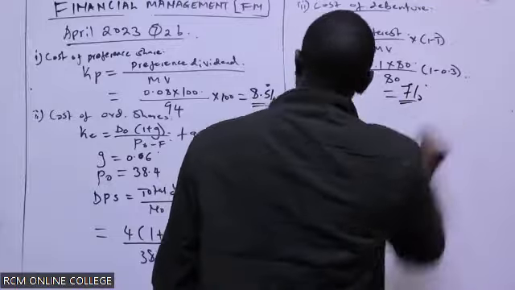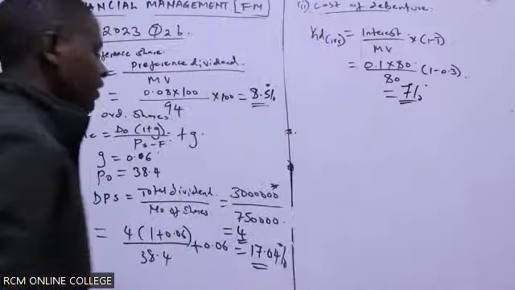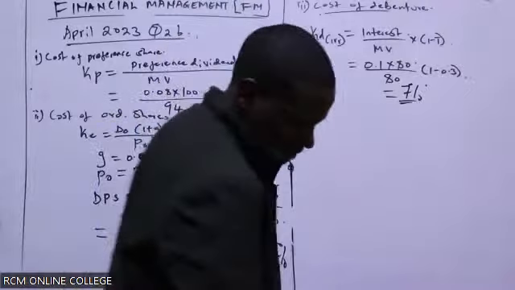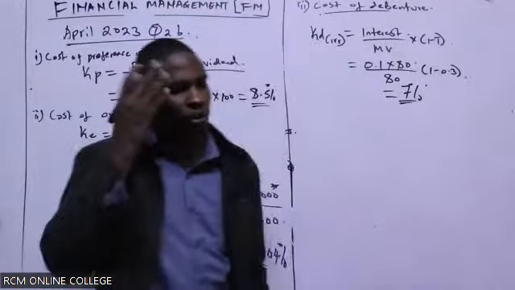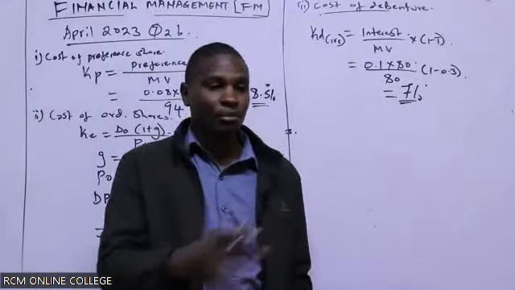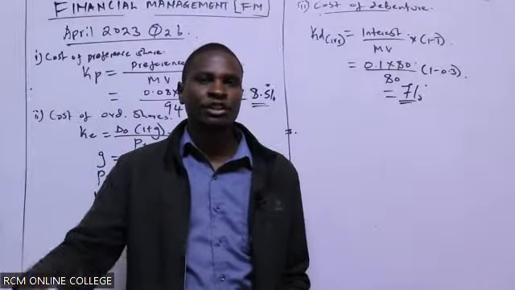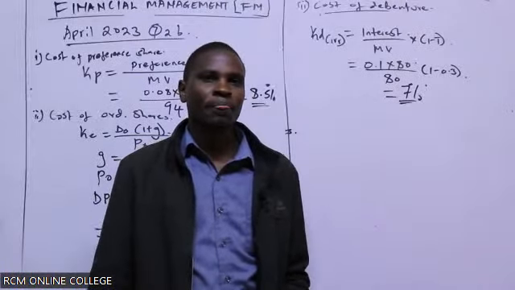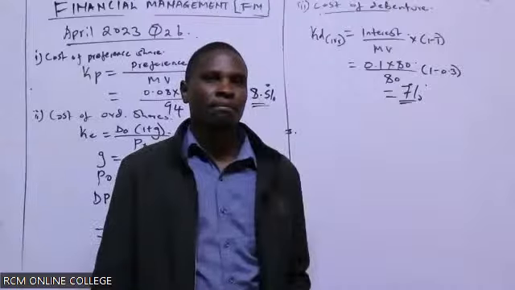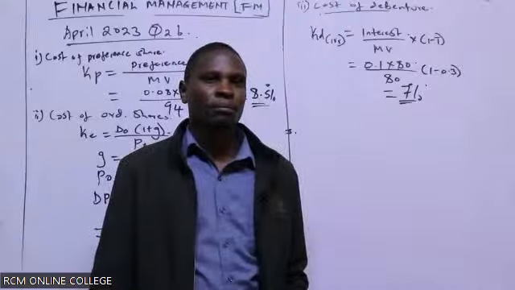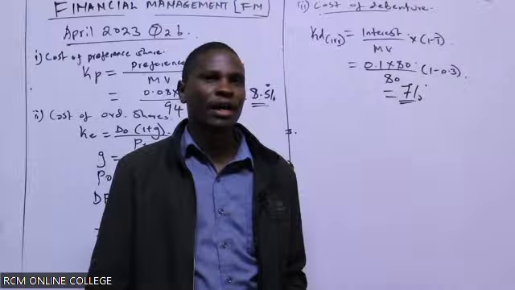Now I have my cost of the 3. Why didn't I look at the cost of retained earning and it is provided? Bonus ija shindanilia na hiyo. Cost of retained earning, bonus.